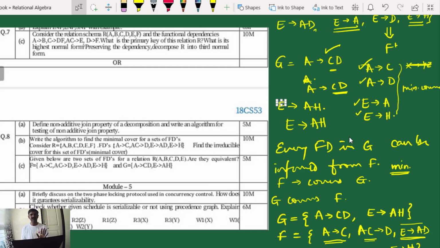So these rules we should be conversant with, and given a set of functional dependencies, we should be able to find out F plus. And if we are given two sets of functional dependencies, we should be able to derive each other's functional dependencies so that they are shown to be equivalent. Okay, so equivalence is a slightly difficult concept to understand, but once you work on these examples, we should be able to solve these kinds of problems. Hope it is clear to all of you.